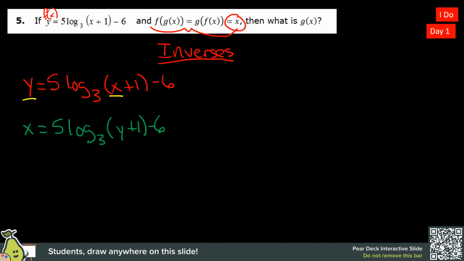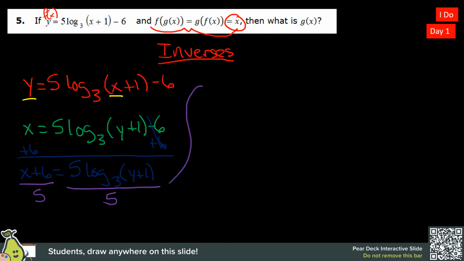And now we need to isolate y. So what we're going to do next is add 6 to both sides, right? So we get x plus 6 equals 5 log base 3 of y plus 1. And this cancels out. Next, we divide both sides by 5.